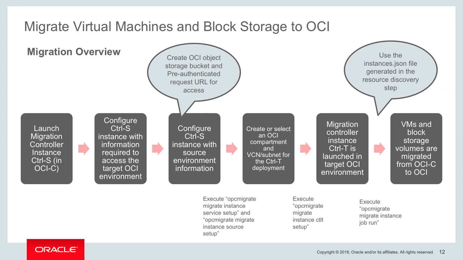You'll have to create an OCI storage bucket and a pre-authenticated request URL for access, and that information along with OCI Classic and OCI target environment information needs to be configured in the controller instance.